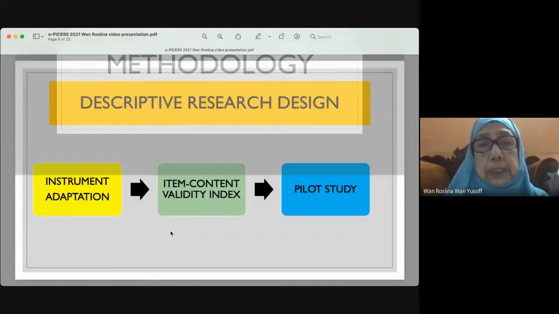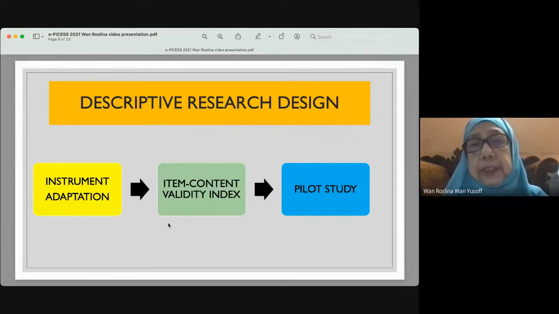And the methodology is a descriptive research design whereby the first step will be the instrument adaptation, and then from there we will test the item content validity index first. Once I get the item content validity index, I will find it much easier to conduct my pilot study to confirm further the validity and reliability of the instrument.